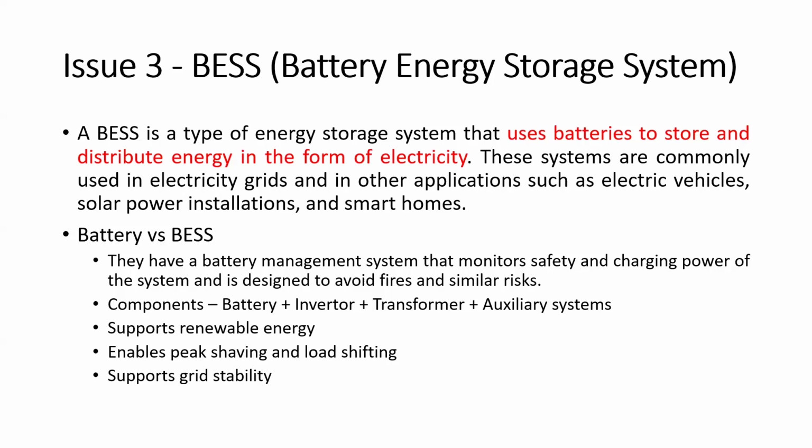Peak shaving and load shifting basically means it balances the voltage differences, requirement differences, demand supply mismatches. It supplies back to the grid and balances it out, and that supports grid stability. So this is just to get an understanding of what is a battery energy storage system.